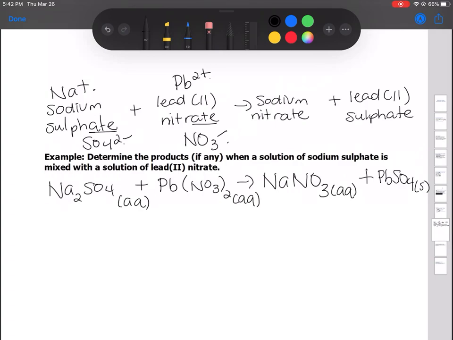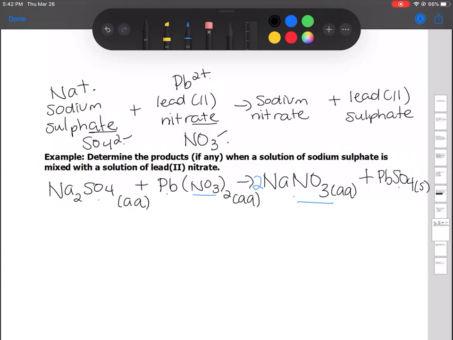Now you just have to always check for balancing. Double displacement reactions, like I've said when we talked about balancing, are usually the easiest to balance. How many nitrates do we have? We have 2. How many do we have here? Oh, we have 1. Let's put a 2. Now we have 2 sodiums. Well, that works out. Sulfate 1, 1, lead 1, 1. Okay, and we're done.